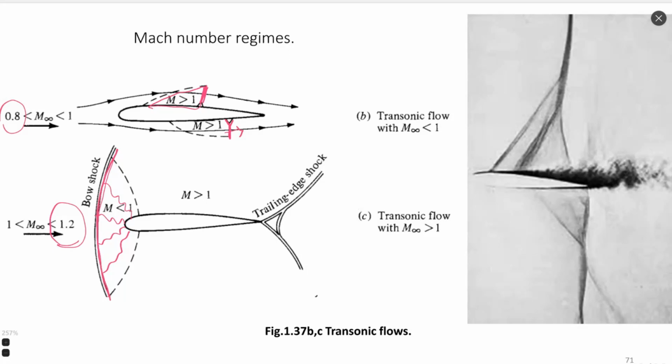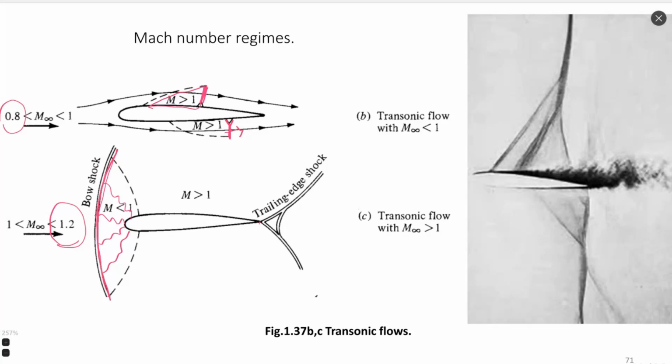The position of the bow shock wave is extremely complex, and the shape of the bow shock wave we will discuss in much detail in the next subject in gas dynamics. It's too early now, before we start to talk about compressible flow equations. And at the end of such a flow, we usually can have a trailing edge shock.